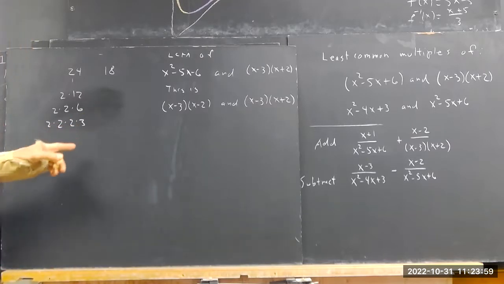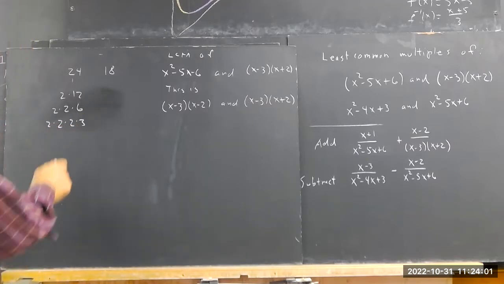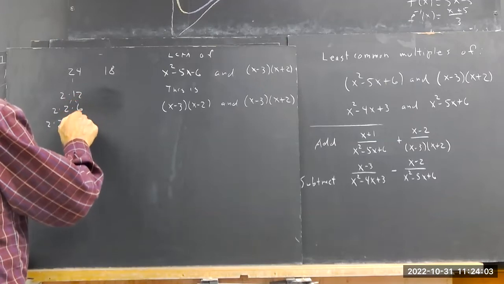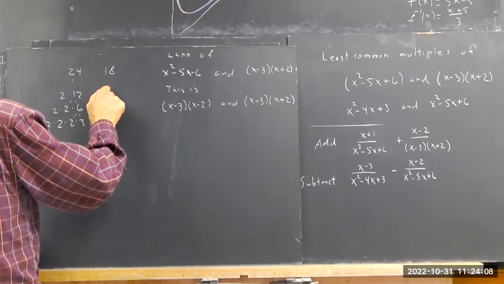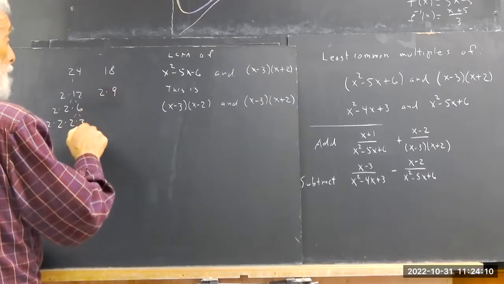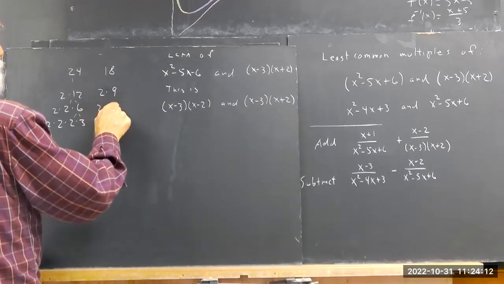And nothing else breaks down. In other words, 12 gives you 2 times 6, 6 gives you 2 times 3. 18 is 2 times 9, and 9 is 3 times 3.